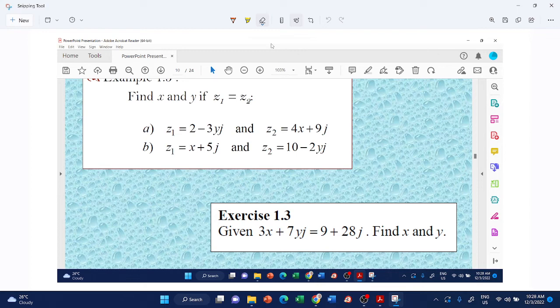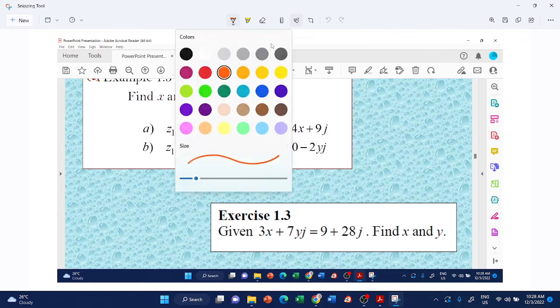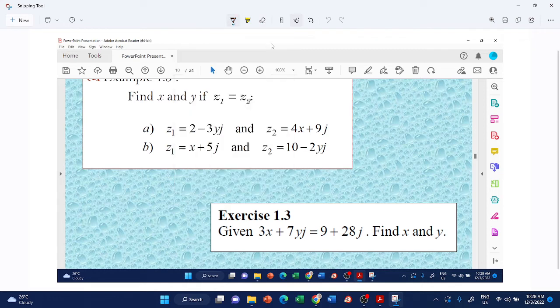Tapi sebab kita ada nombor kompleks, complex number, so bahagian real tambah dengan real, yang bahagian imaginary akan tambah dengan imaginary.